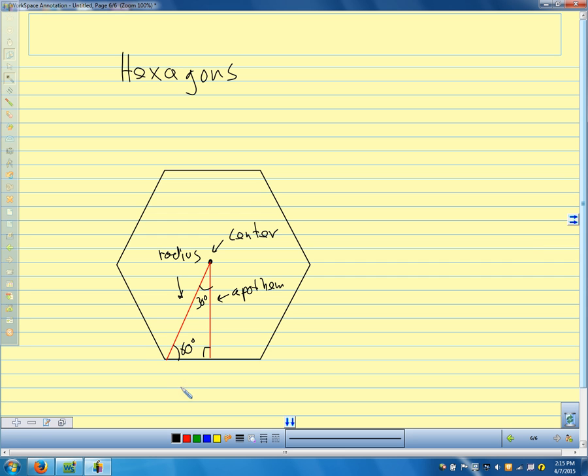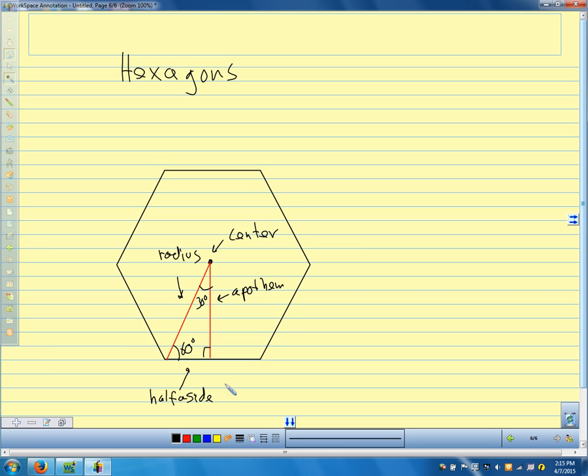And we also just make a note here, that's half a side. So then we can use these ideas to find missing pieces. We can find a radius if we need it. We can find an apothem if we need it. We can find a side if we need it. Use it with hexagons, squares, and equilateral triangles.